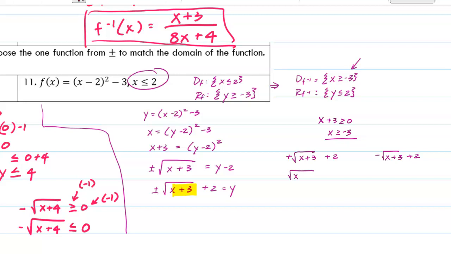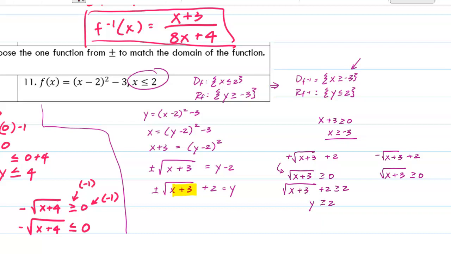Okay, so we take the radical and we set it greater than or equal to 0 to find the range. Now, all we have to do to make that look like that is we add 2 to both sides. So y is going to be greater than or equal to 2. Is that my range?